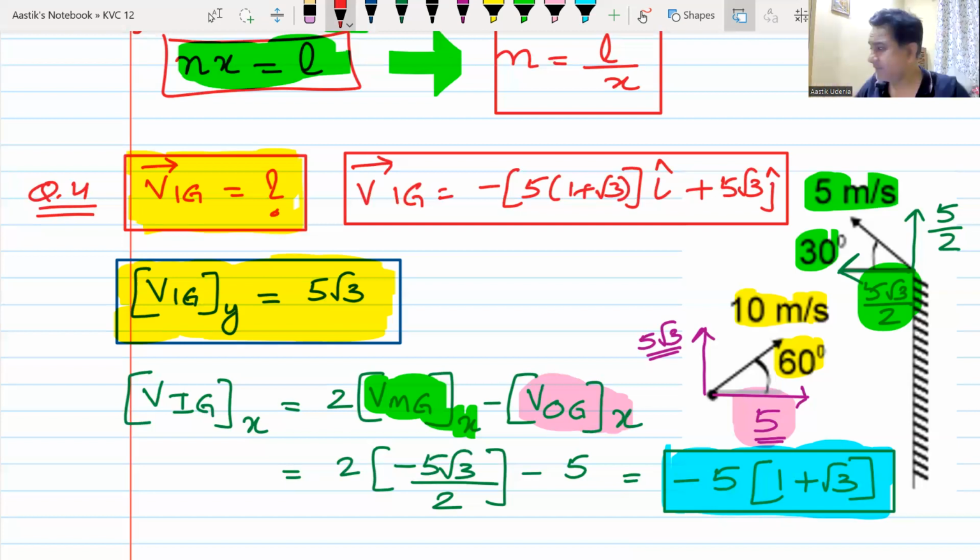If this is your mirror, and this is your object, and they are moving, only this component changes.